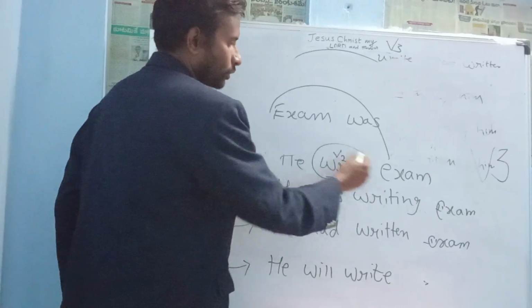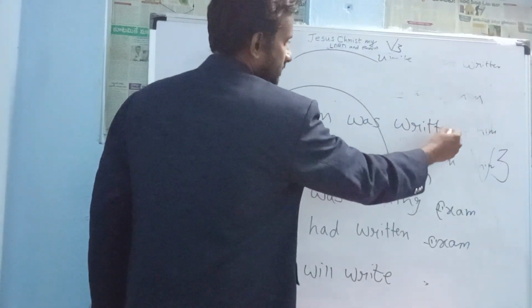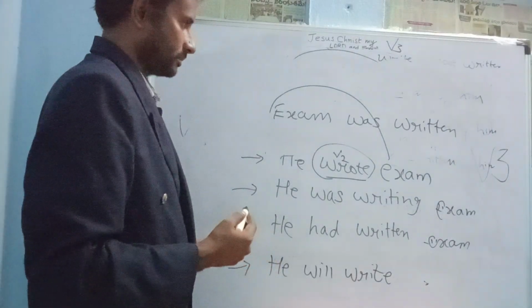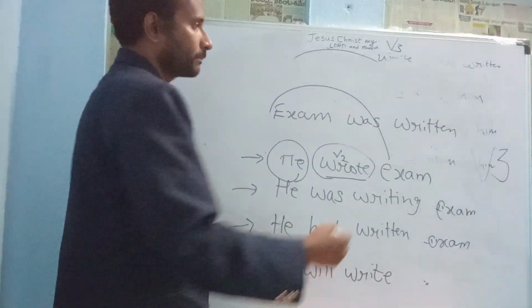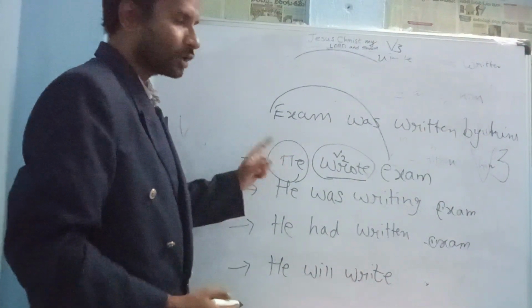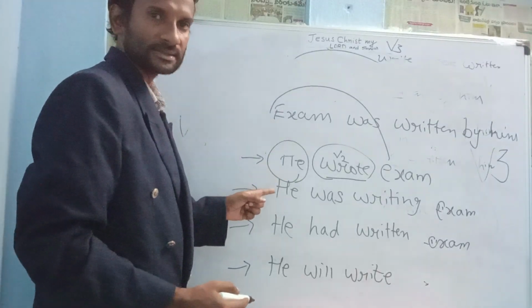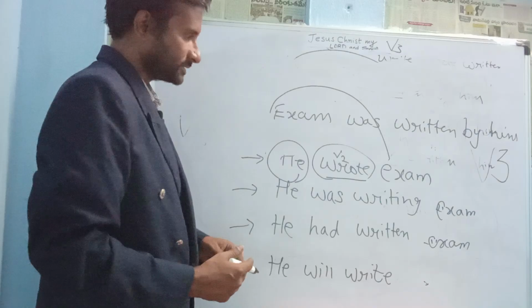So V3 of wrote: write, wrote, written. Exam was written by whom? By he. He becomes him. By him. Exam was written by him. So "he wrote exam" is an active voice in past tense, and it will become "exam was written by him" in passive voice.